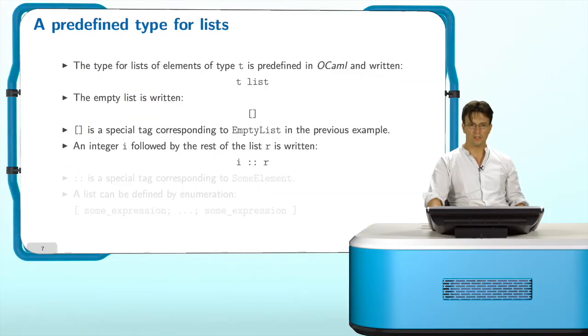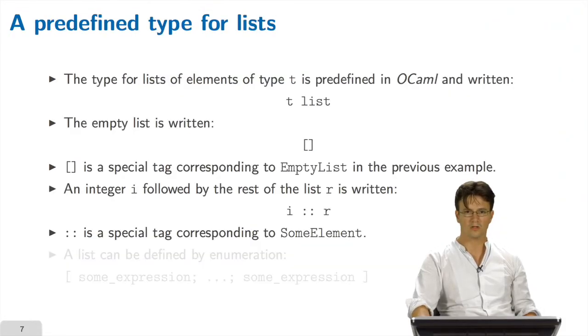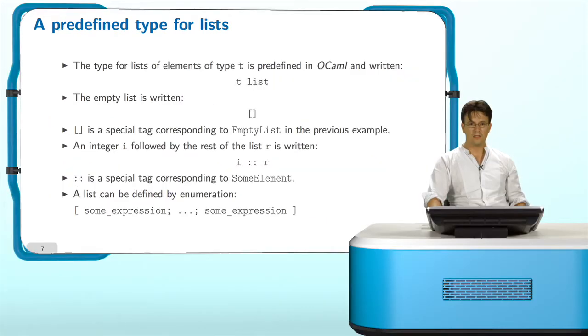If you want an integer I to be followed by the rest of the list R, then you just have to write I :: R. And in that case, :: is just a special syntax for the constructor SomeElement that we had in the previous definition. Finally, there exists a syntax to define a list by enumeration of its elements. You just have to write between brackets the expressions corresponding to the elements of the list, separated by semicolons.